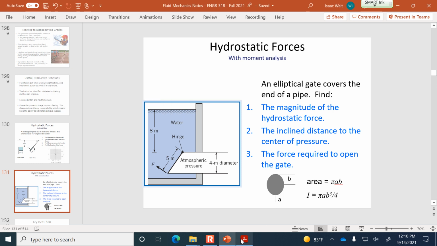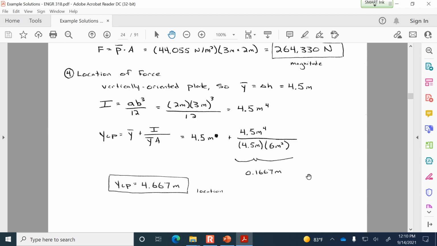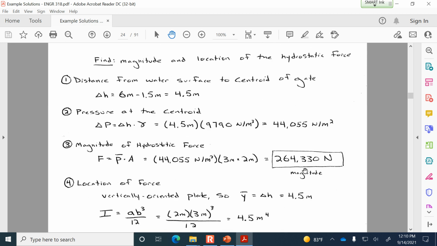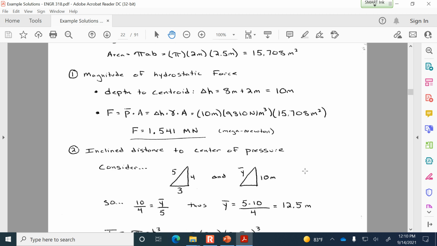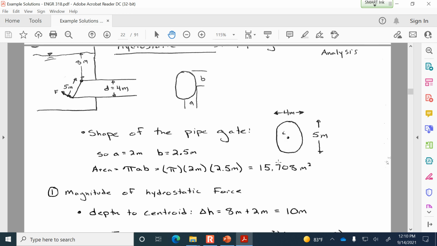All right, so the first thing that we want to do is find the magnitude of the force. So we've got this gate that is at an angle, and the shape of the gate, if we want to go through some preliminaries here, A is 2 meters, B is 2.5, and so we've got the area defined as 15.708 square meters.